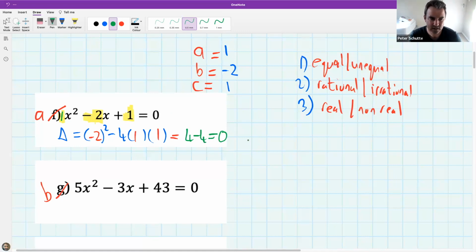Yeah, so delta is equal to 0, and when delta is equal to 0, the roots are going to be equal, or they're going to be, let me put it actually like this. They are going to be real, they're going to be rational, and they are going to be equal. Real, rational, and equal.